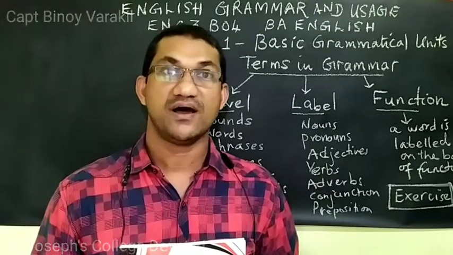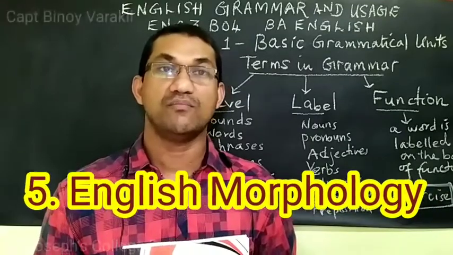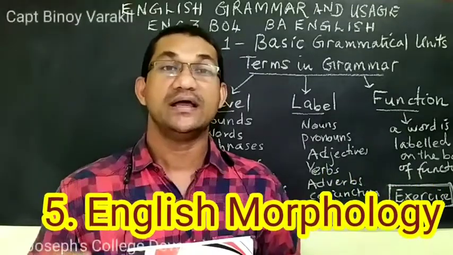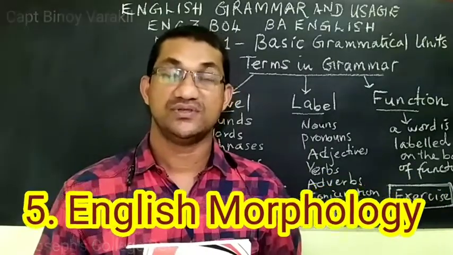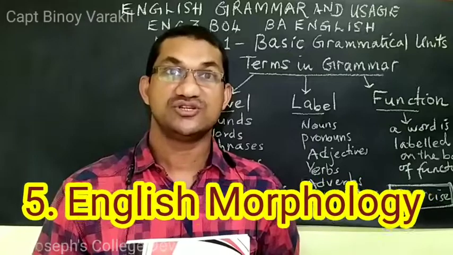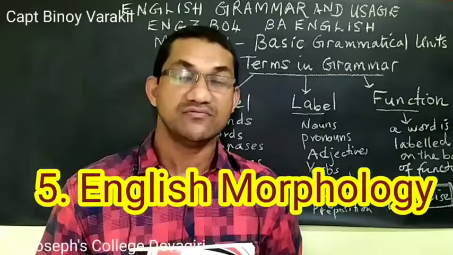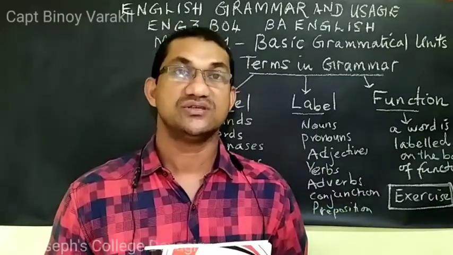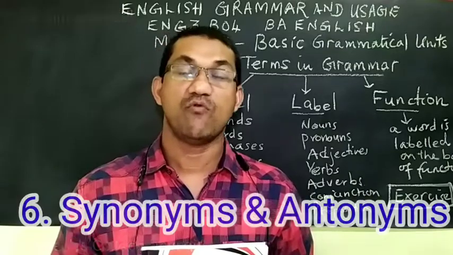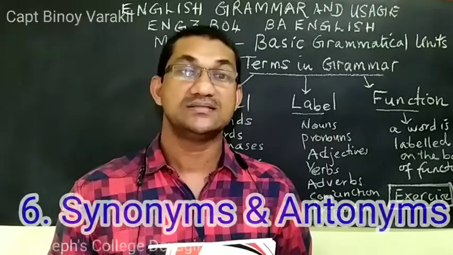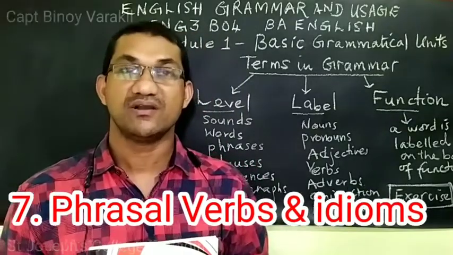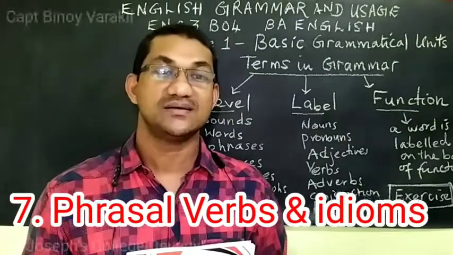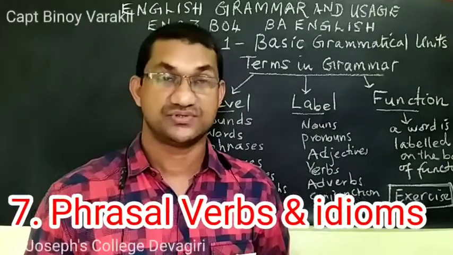Section 5 is about English morphology, that is, the word formation of the English language. Section 6 is about synonyms and antonyms. And section 7 is about phrasal verbs.